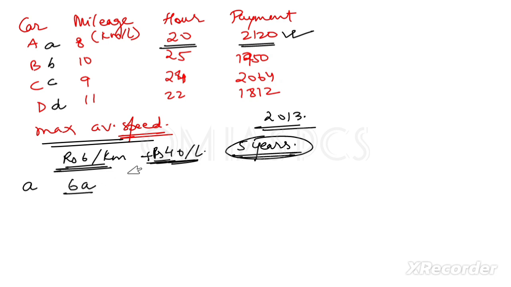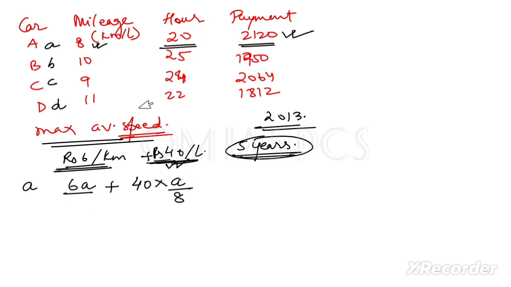Now we have to calculate the diesel cost. It is 40 rupees per liter, but we have to correlate it with the mileage. So we multiply this 40 by the distance and then divide by 8. Why are we doing this?